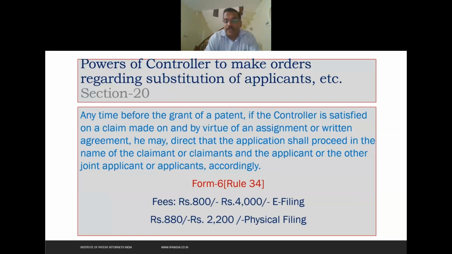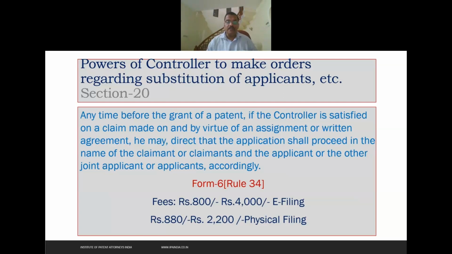Now section 20 says that any time before the grant of a patent, if the controller is satisfied on a claim made on and by virtue of an assignment or written agreement, he may direct that the application shall proceed in the name of the claimant, means the company or claimants, and the applicant or the other joint applicant or applicants accordingly.